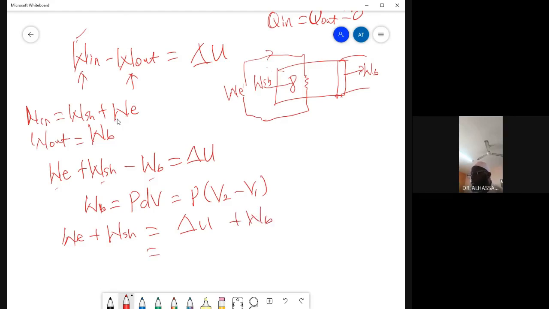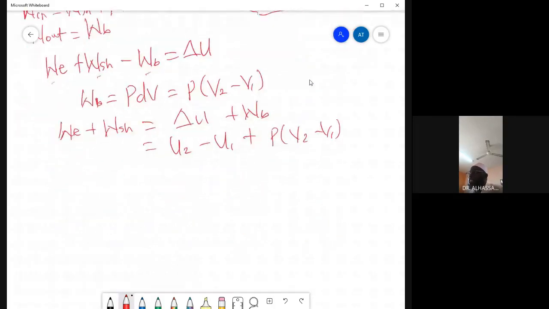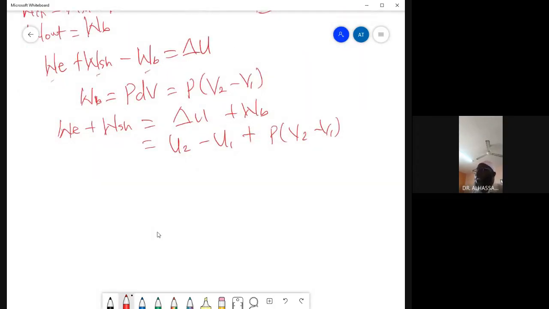So delta U is the same as U2 minus U1, and WB is equal to P times (V2 minus V1). So we will establish a relationship between the internal energy and the boundary work.